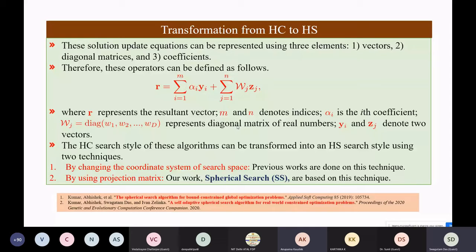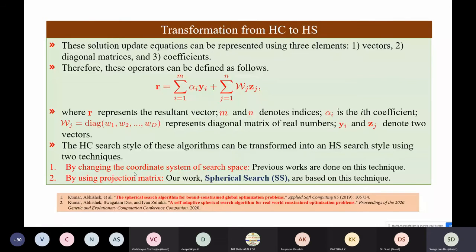Anyway, now we can convert the hypercubic search style to a hyperspherical search style by transforming the equation using the projection matrix technique.